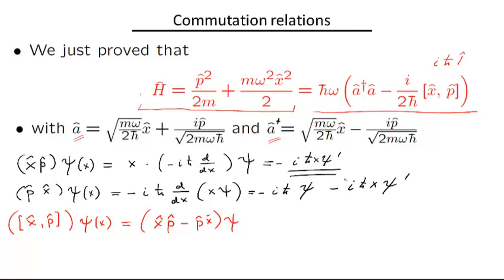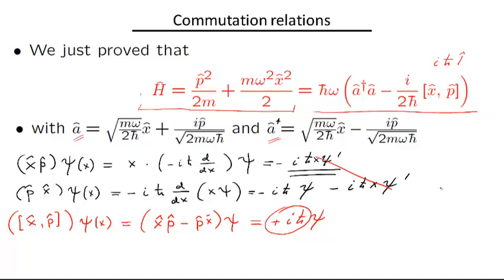These two terms cancel each other out, and the only thing that remains is plus i h bar psi. So the action of the commutator of position and momentum on an arbitrary function psi of x is equivalent to multiplying this function by i h bar, which is exactly the result that I advertised in the beginning. Perhaps many of you already knew it. This is again one of the canonical commutation relations in quantum mechanics.